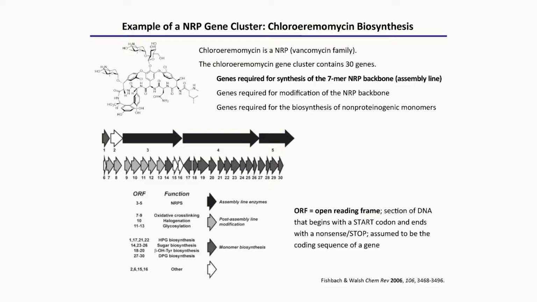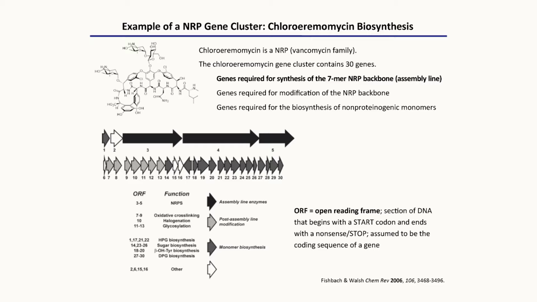So what is encoded in these 30 genes? First, there are the genes for what we call the assembly line. If it isn't clear what assembly line means, as we move forward through this week, it will be. There are genes required to make the 7-mer polypeptide backbone. There are genes required for modification of the backbone. How do these sugars get attached, for instance? Those are going to be tailoring enzymes.